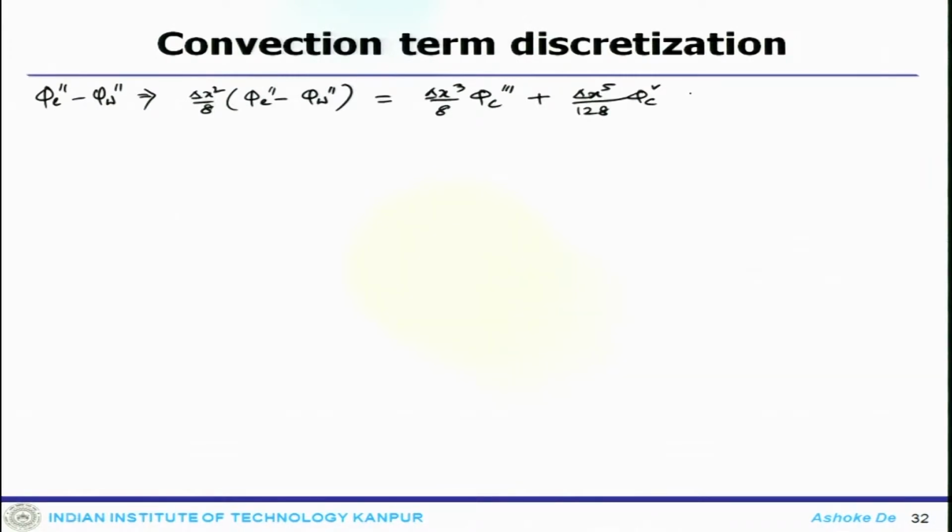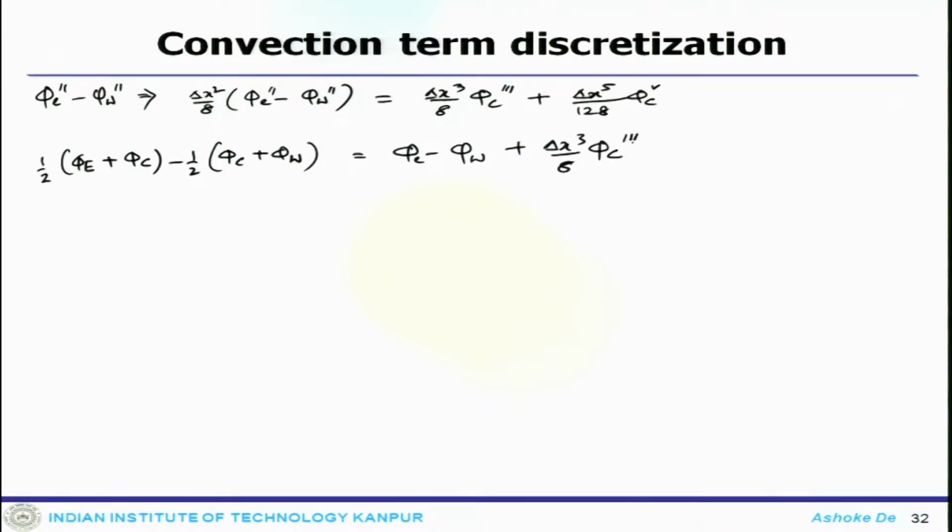Now you substitute back everything in that equation of half of phi e plus phi c minus half of phi c plus phi w, which will be phi e minus phi w plus del x cube by 8 phi c triple prime plus del x 5 by 128 phi c fifth term.